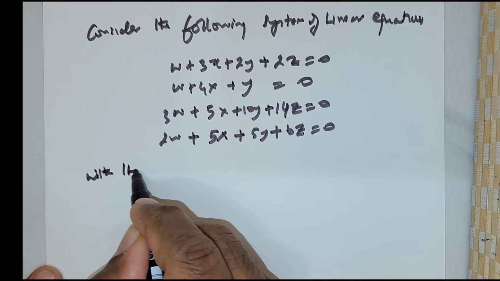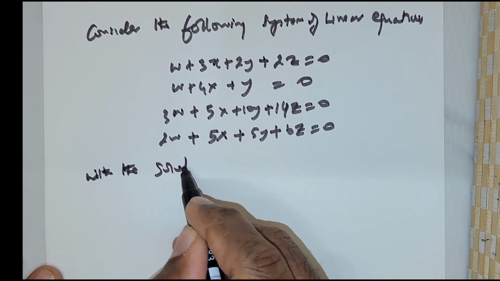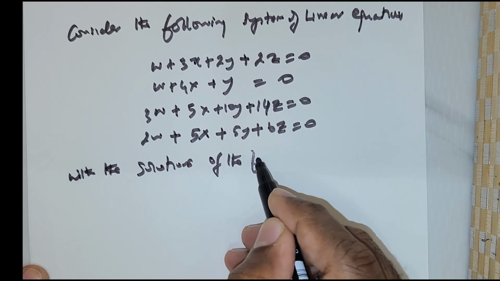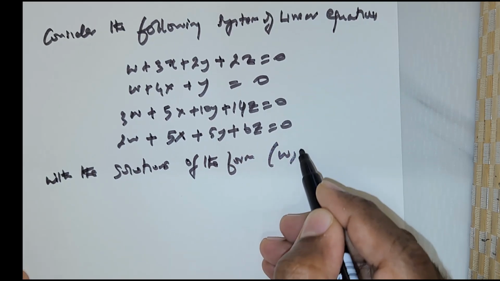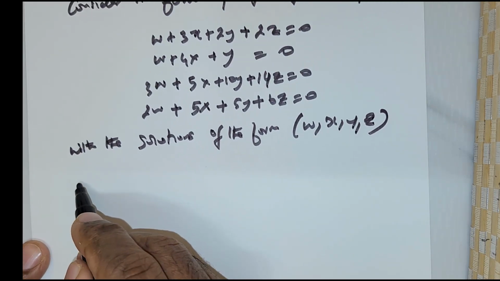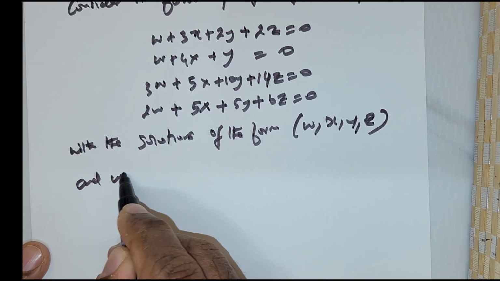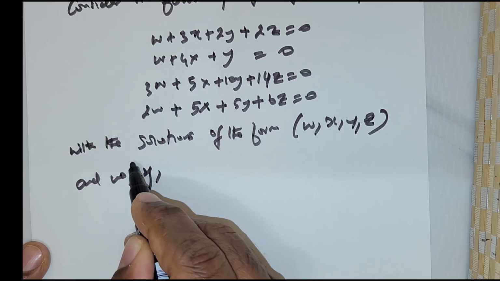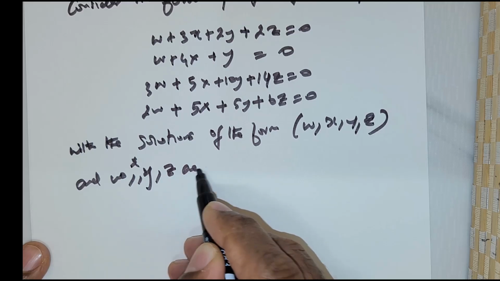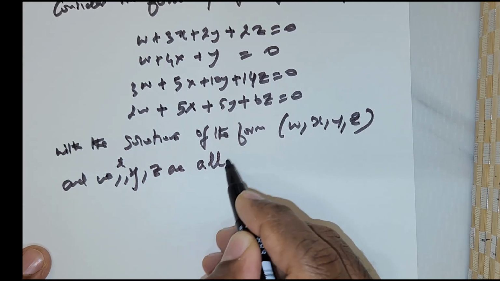They're giving us the solutions of the form w, x, y, z, and w, x, y, z are all real.